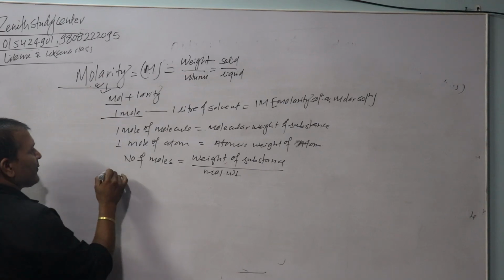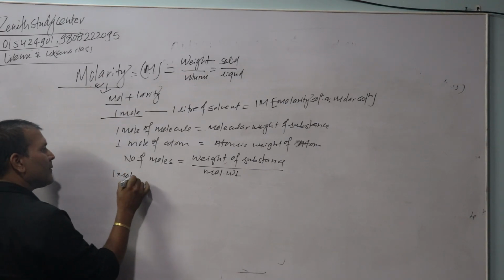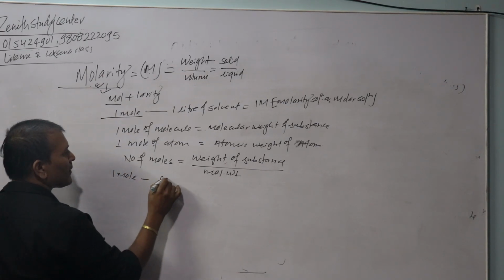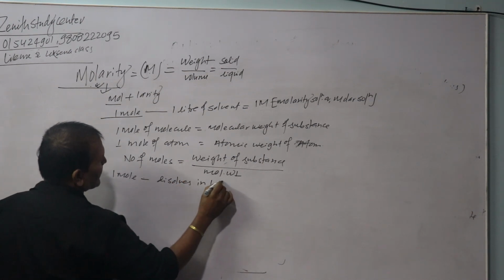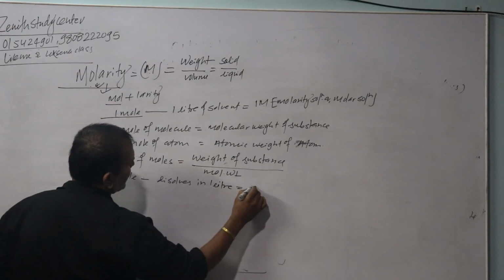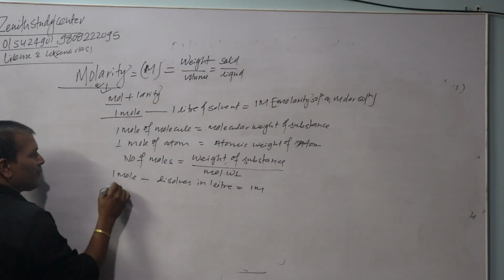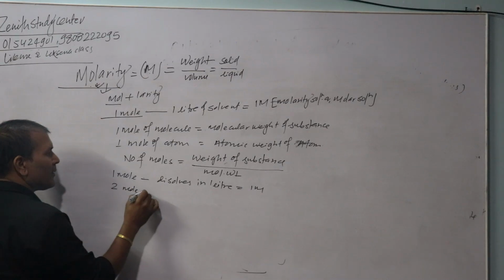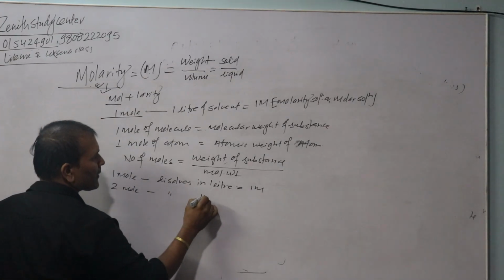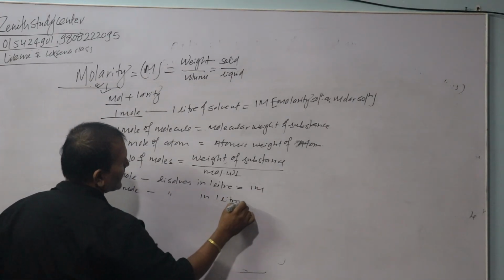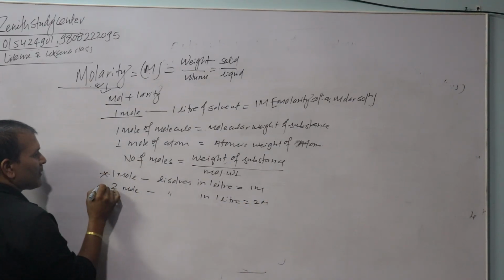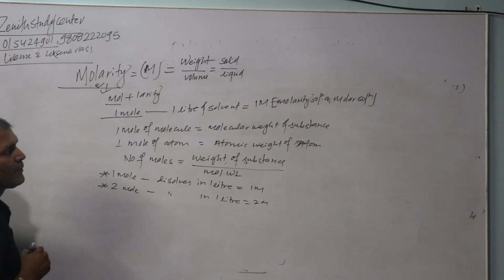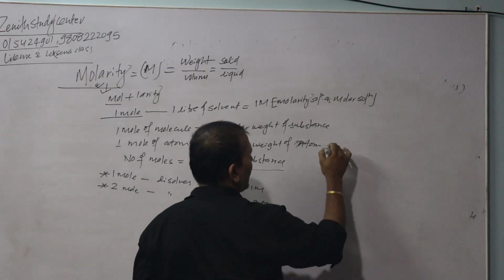So typically we define 1 mole dissolved in 1 liter makes 1 molar. If 2 moles dissolve in 1 liter, it makes 2 molar. So regarding questions, MCQ question.